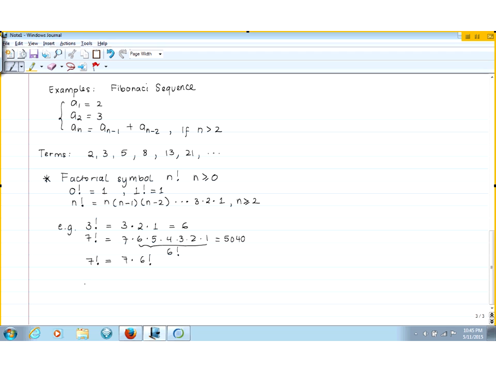Why? Because all of these is 6 factorial. So we could also write n factorial as n times n minus 1 factorial. Okay, good. So we talked a little bit about what factorial means, the exclamation mark.